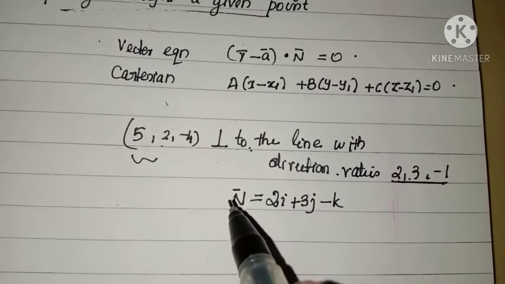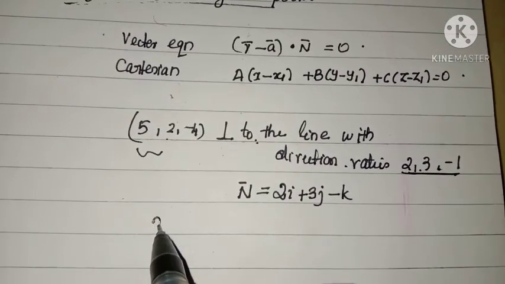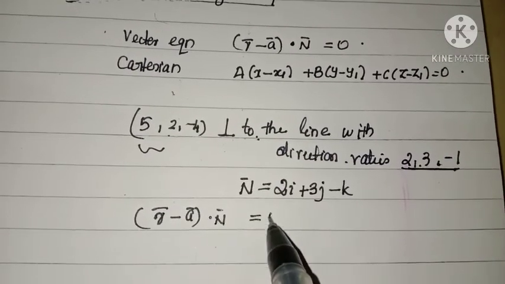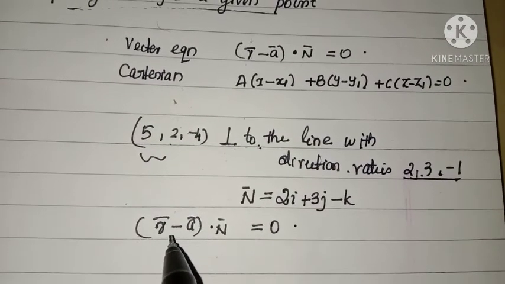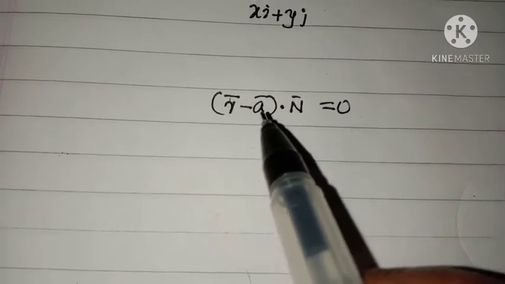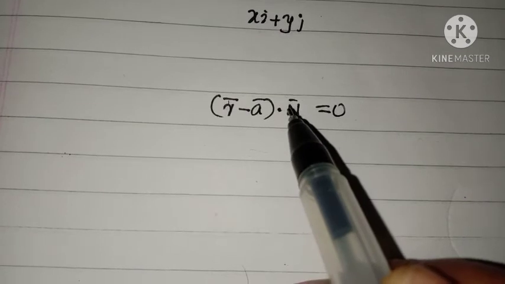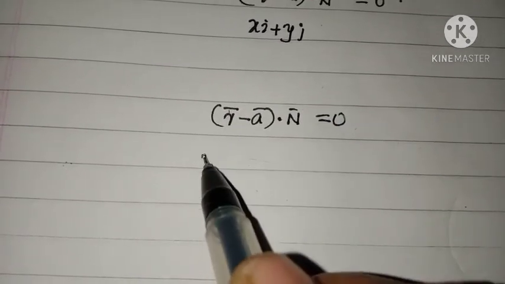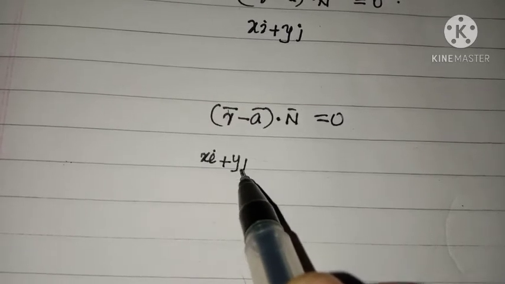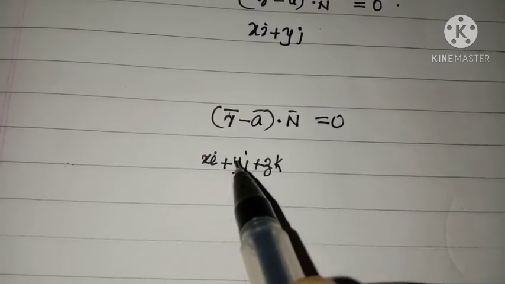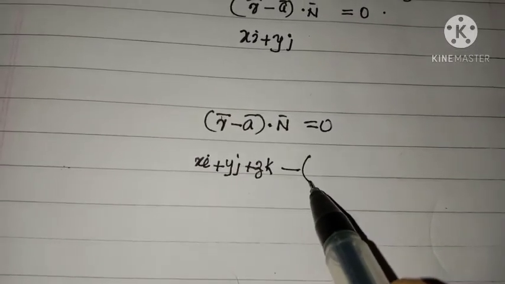Now what is the vector equation? Vector equation is (r minus a) dot n is equal to 0. So r is the position vector. R is the position vector, that is xi plus yj plus zk. There is no change in the position vector in each and every question. Okay, minus a.